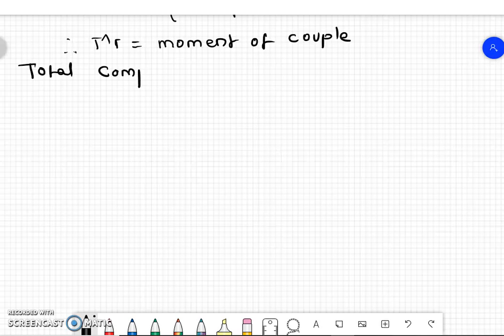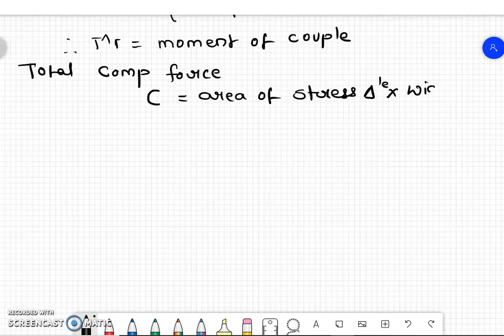Total compressive force C will be equal to area of stress triangle multiplied by the width where it is acting. This particular compressive force is going to act for the full section.